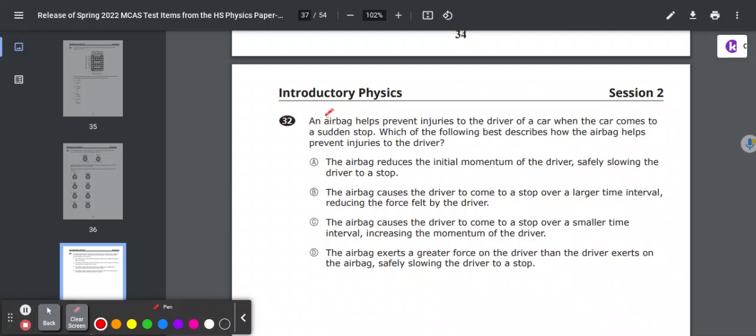It increases the time interval but decreases the force. The impulse, or change in momentum, doesn't change; it stays constant. But the force and time change in amounts. So our answer should be that an airbag causes a driver to come to a stop over a larger time interval, reducing the force applied to the driver. So the answer should be B.